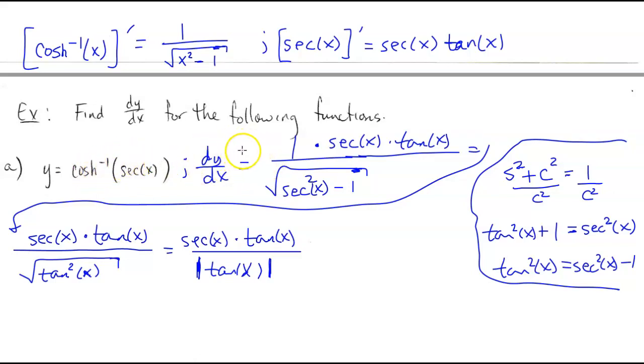Okay. So if we look at the derivative, we see that we end up having the square root of secant squared minus 1 in the denominator. And so what this roughly means for us is that we know that this derivative is going to be defined as long as secant squared of x is going to be greater than 1.